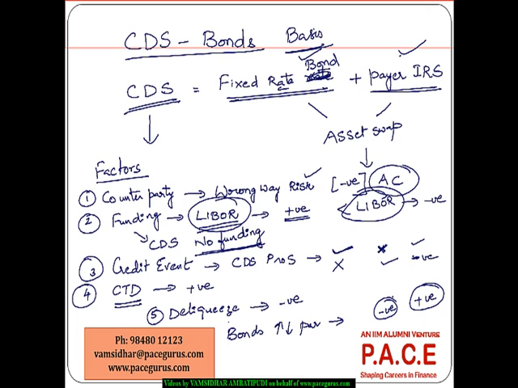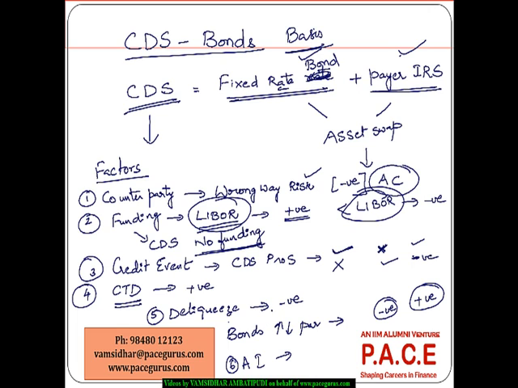So all these factors are probably, if I am looking at accrued interest. In the event of default, the bond does not pay accrued interest for any coupon that it has owed. Whereas when it comes to CDS, the protection buyer has to pay the accrued premium up to the credit event.